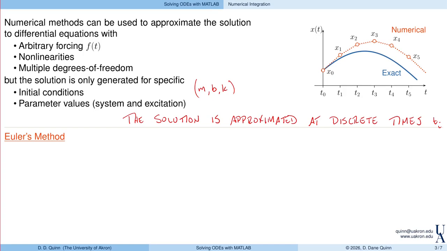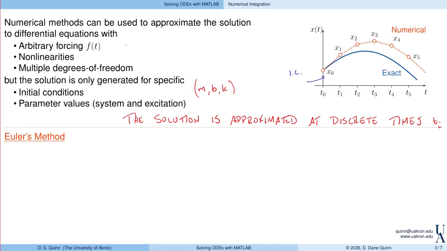So for example, we might have an initial condition, right, x0, and then our numerical solution might approximate the exact solution, which is sort of shown here in blue, right, with this response, this value of x at the next time, right? And then it might take a step of time in the future, right, and find x2. And then at t3, we have x3 and so forth, right?